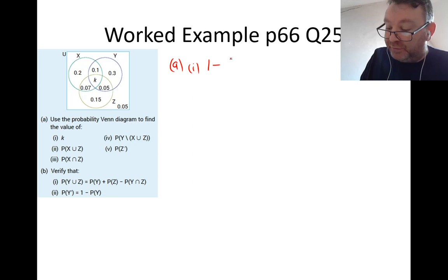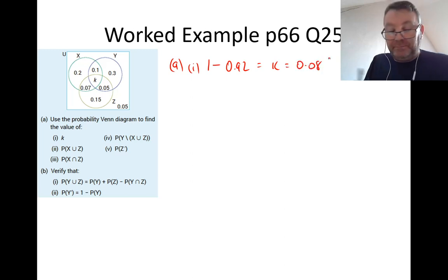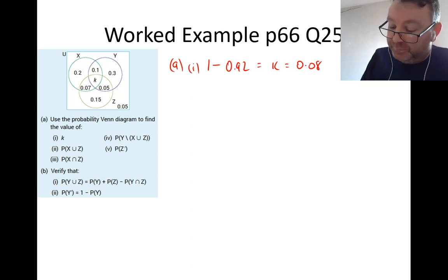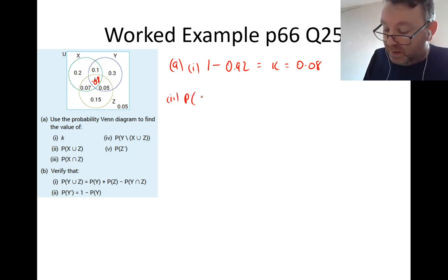When you add up the decimals that are there, they come to 0.92, which means that k is going to be equal to 0.08. Okay, so now that you have k, you've got everything you need. So 0.08, put that in there. So let's go, part 2. What's the probability of x or z?